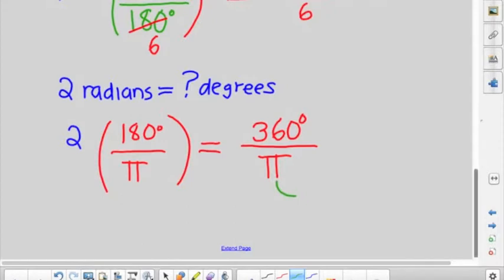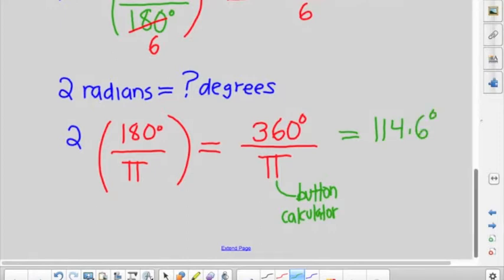And remember that pi doesn't represent 180 degrees here. Pi represents your button on your calculator, the pi button. Not 3.14. You actually want to use the button to get the exact number. And when you do that, you're going to get 114.6 degrees.